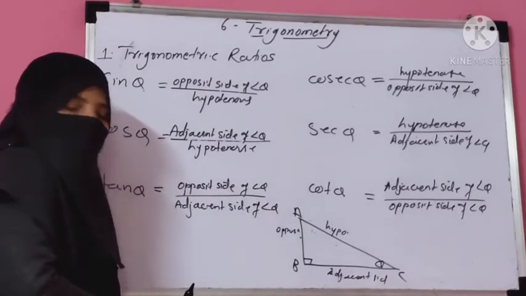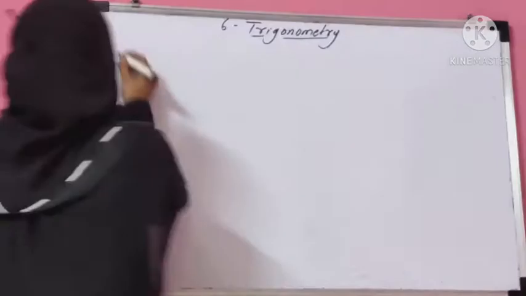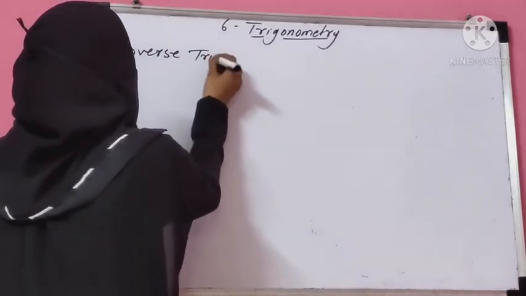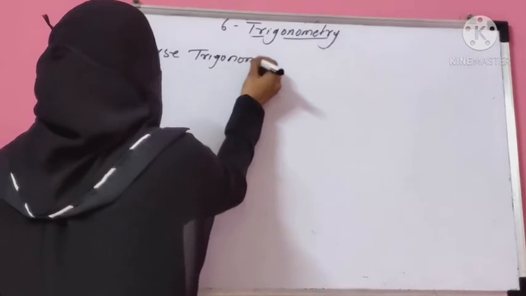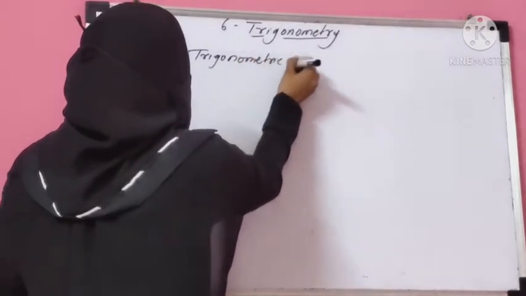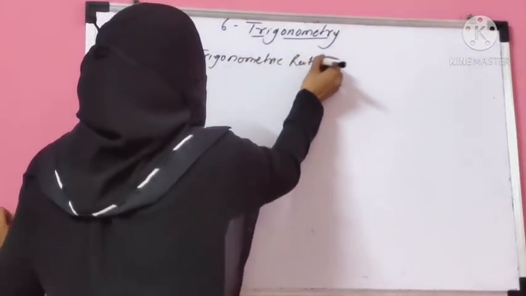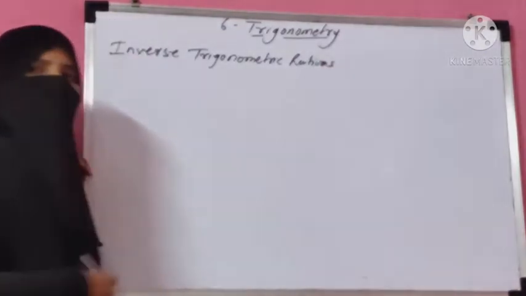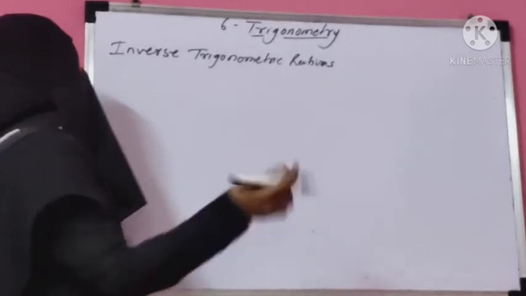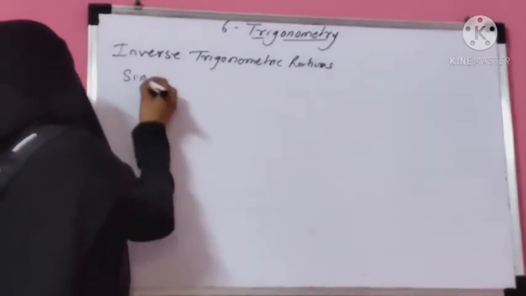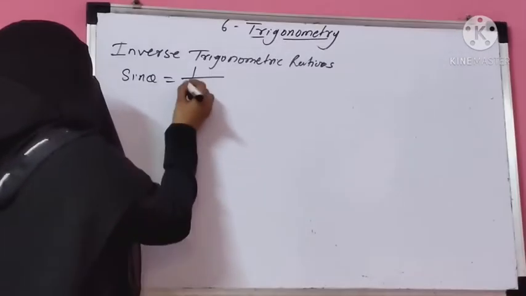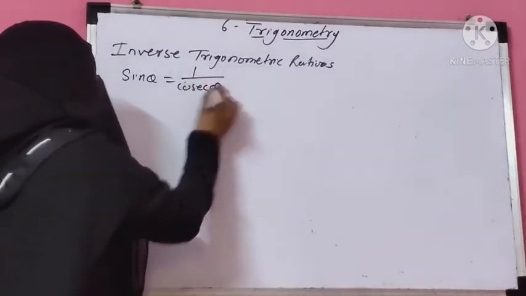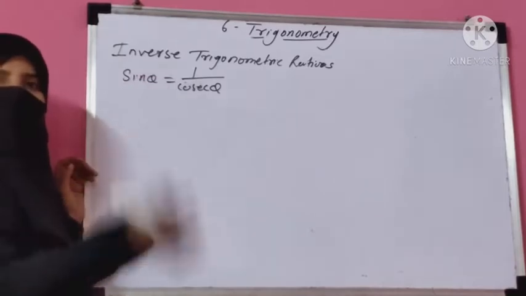Now the next part is inverse trigonometric ratios. From these formulas of trigonometry we get the idea of inverse trigonometric ratios. Sin theta is equal to 1 upon cosec theta, because cosec and sin are inverse to each other.